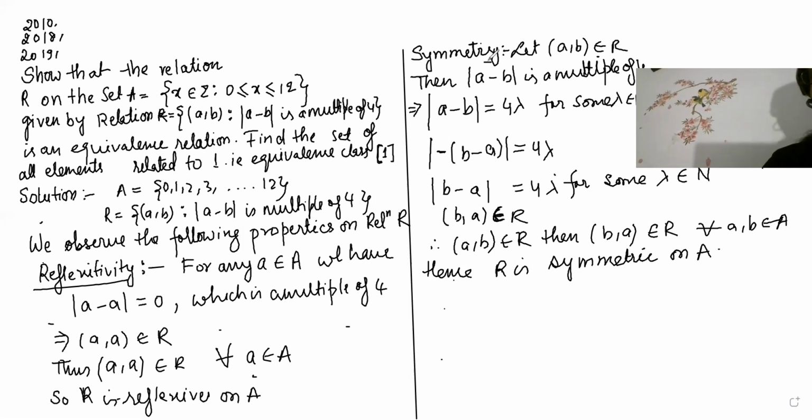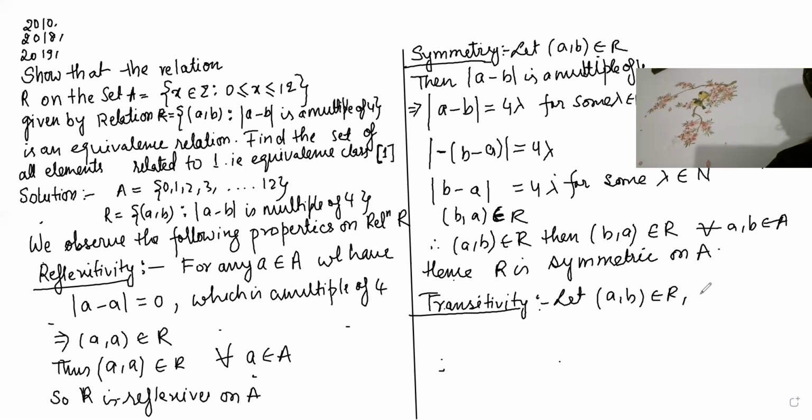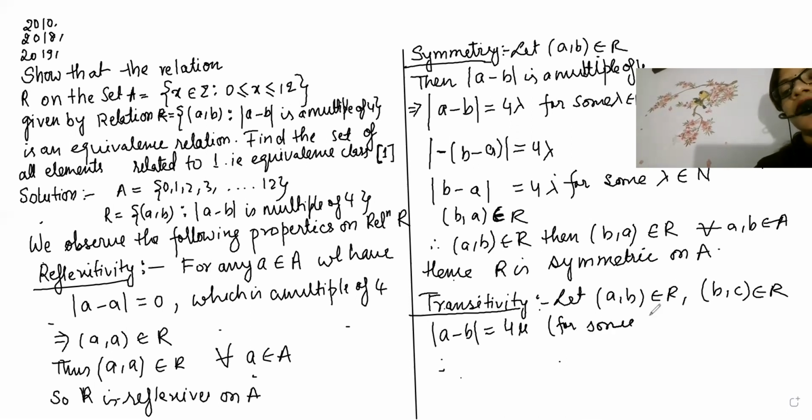Now let us see the transitivity condition. For transitivity, we first write: let (a, b) belong to R and (b, c) belong to R. Now (a, b) belongs to R and (b, c) also belongs to R. That means a minus b is equal to 4 mu, a multiple of 4, for some mu belonging to the set of natural numbers.